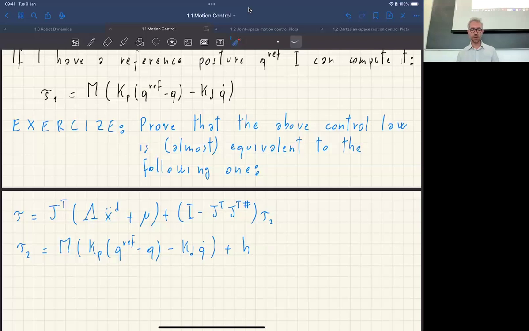It shouldn't be difficult. Basically, you need to work on this plus null space times this and see how these two terms can be simplified when summed together. Okay, so you have fun with that.